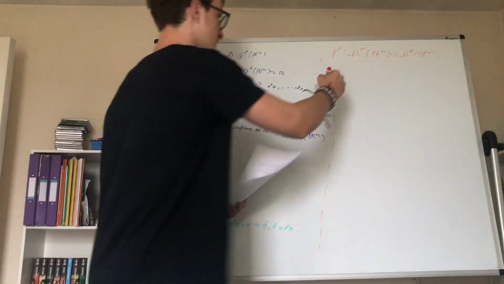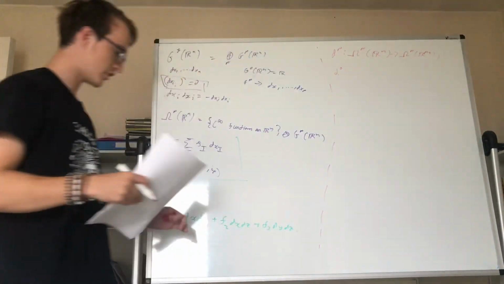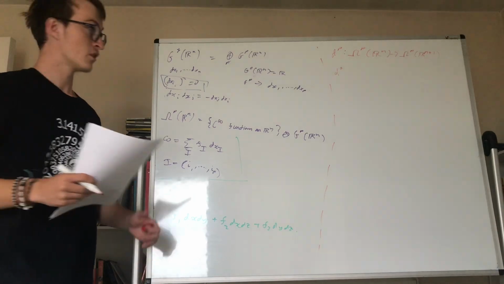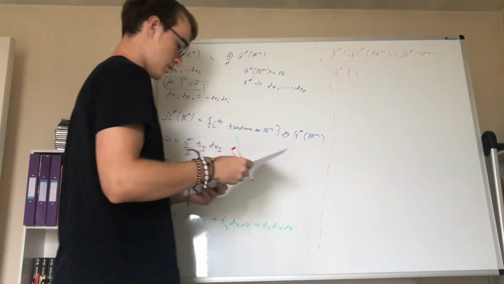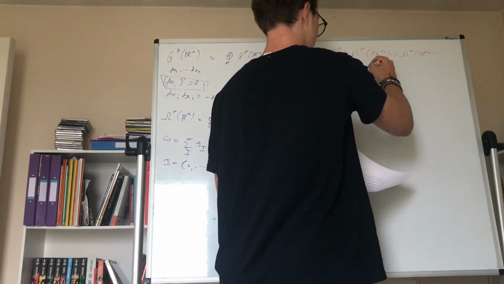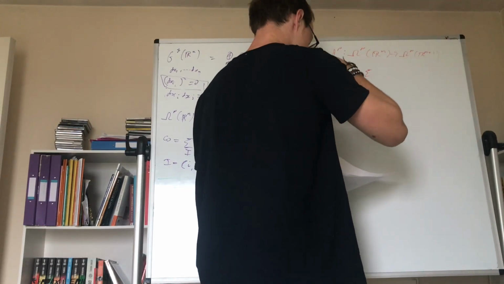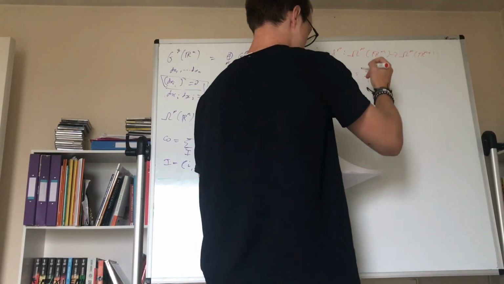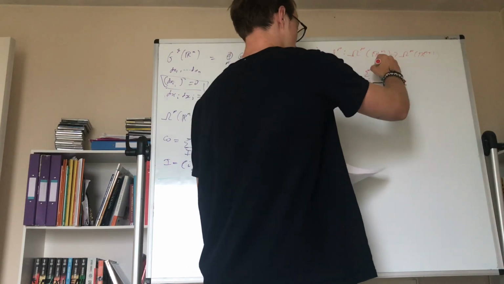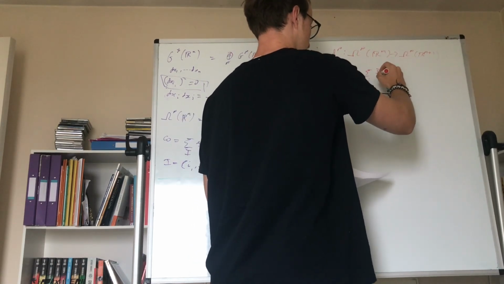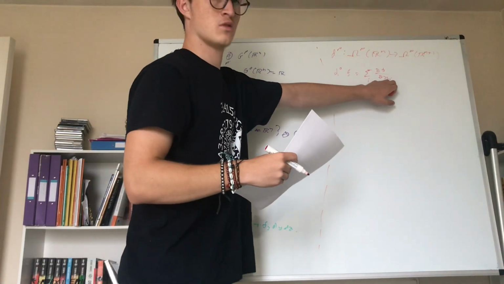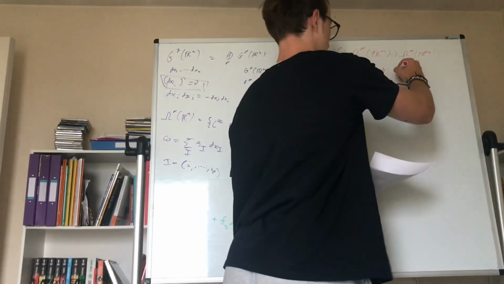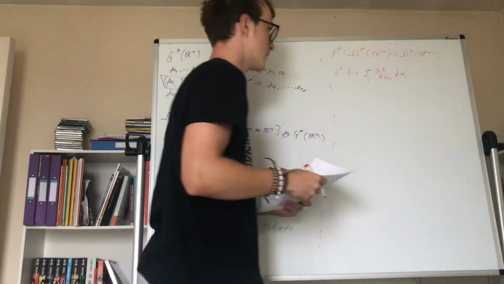So d0, because note that a zero-form is just a function. So d0 of f is equal to the sum over i of the partial derivative of f with respect to all of the coordinates, times dxi.